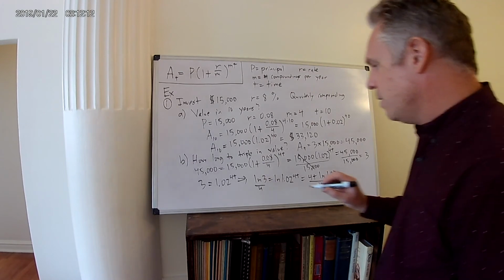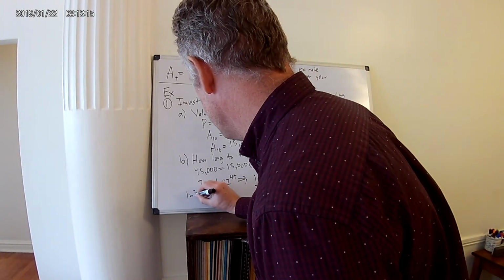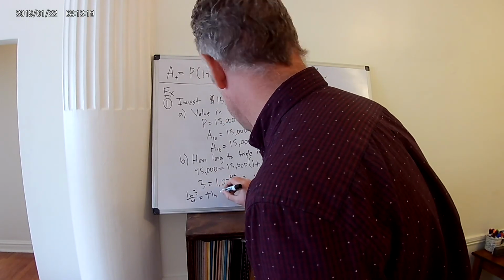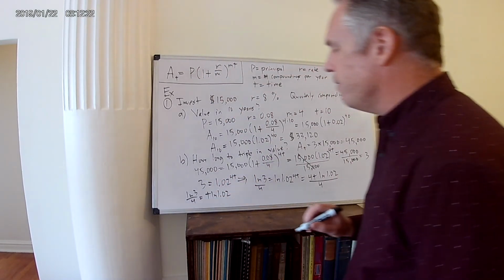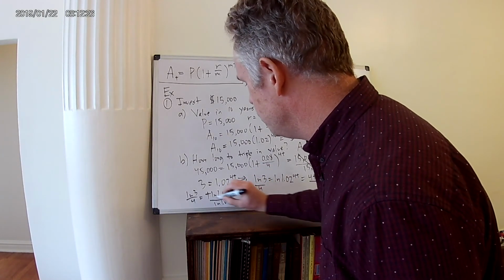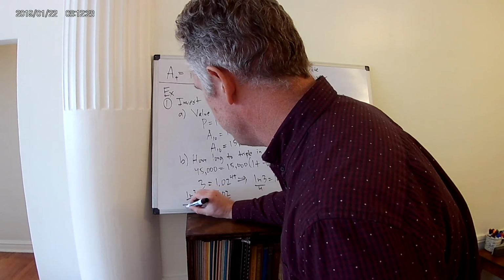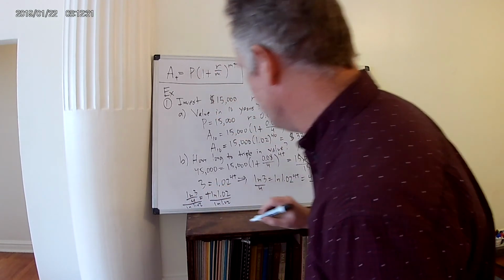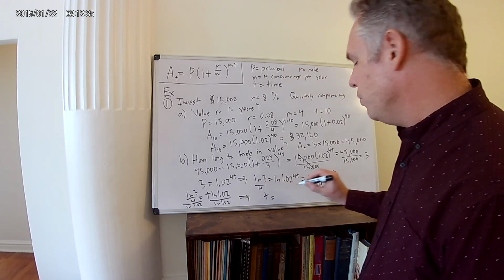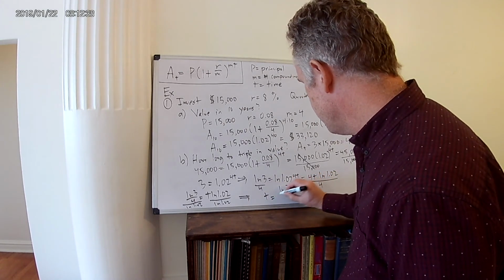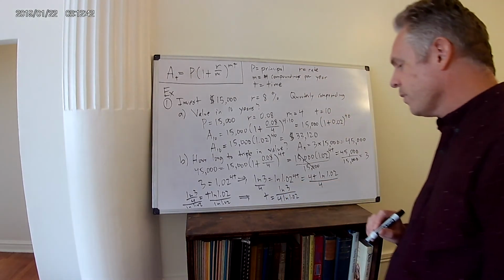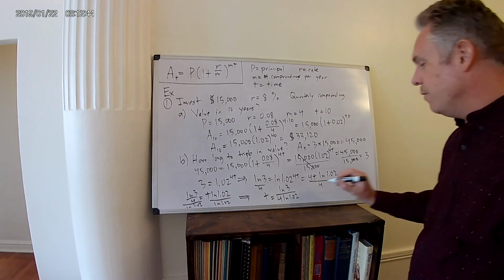So now I get natural log of 3 divided by 4 equals t times natural log of 1.02. And then the final step is to divide both sides again by natural log of 1.02. This leads to t equals natural log of 3 divided by 4 times natural log of 1.02. This is the standard way we solve this equation.